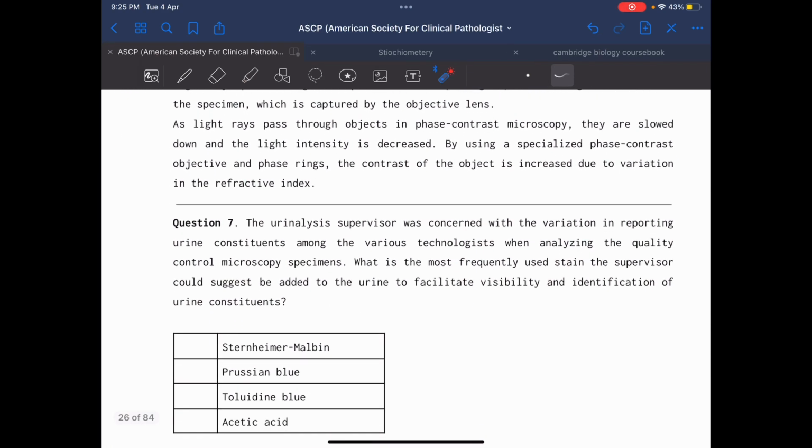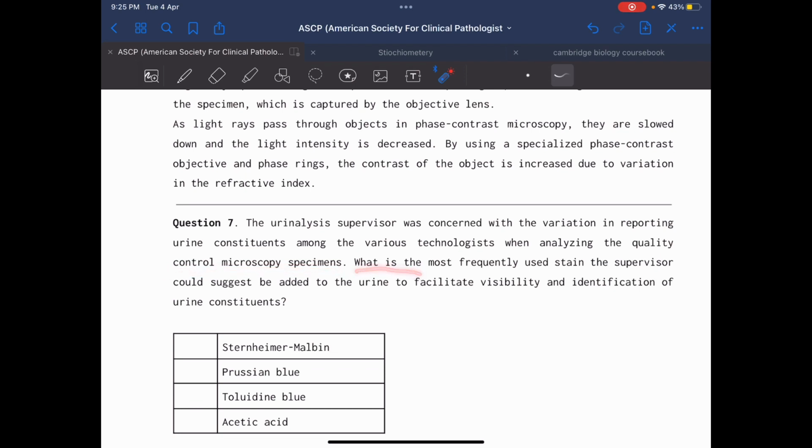Question number 7. The urine analysis supervisor was concerned with the variation in reporting urine constituents among the various technologists when analyzing the quality control microscopy specimen.